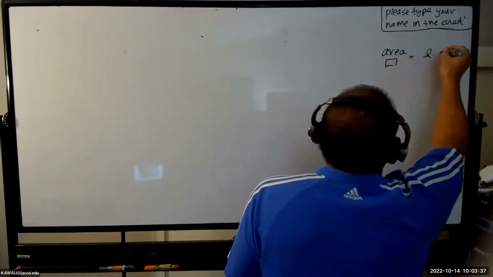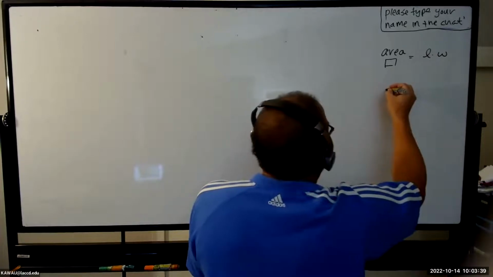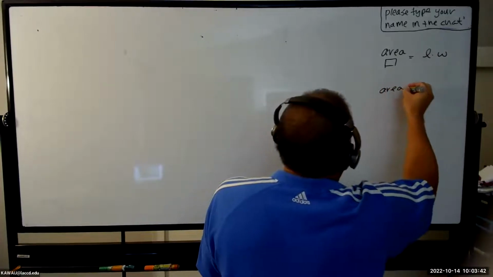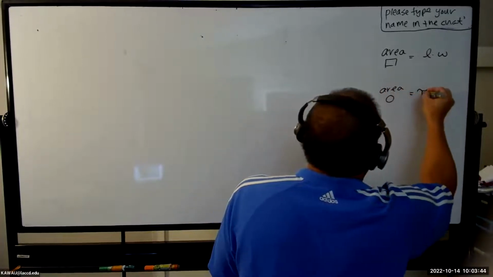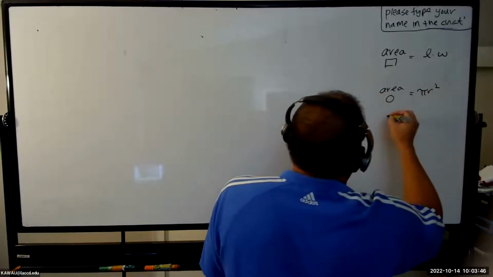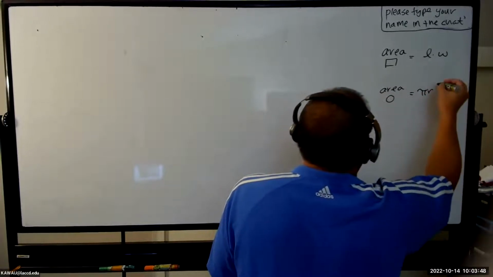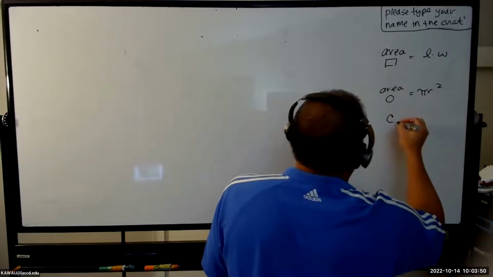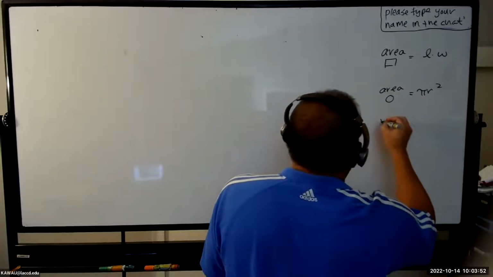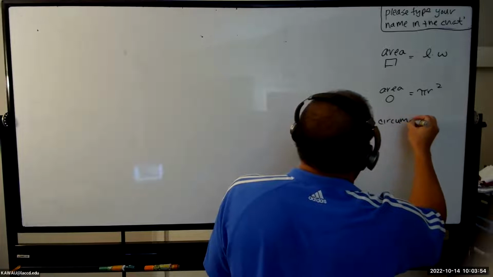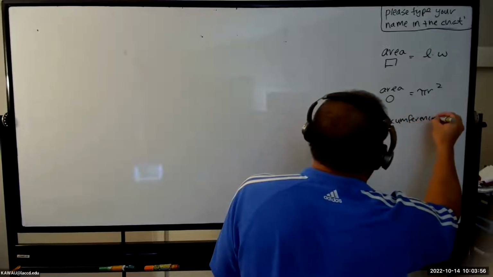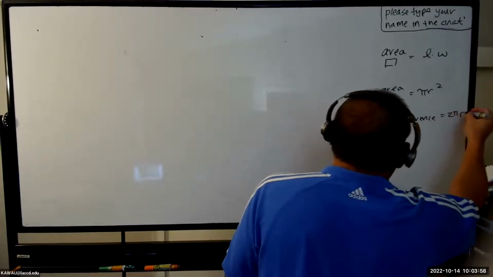It is equal to length times width. And then the area of a circle is equal to pi r squared. And then the circumference, which is the distance around the circle, is equal to 2 pi r.